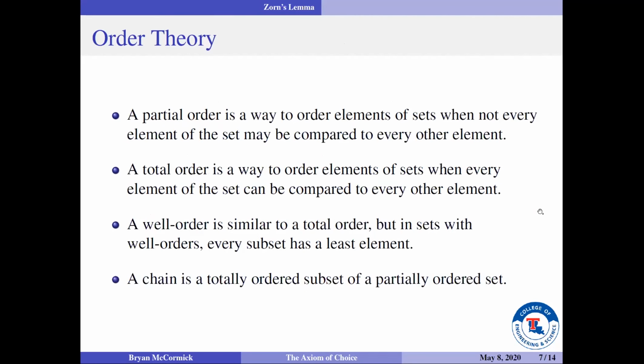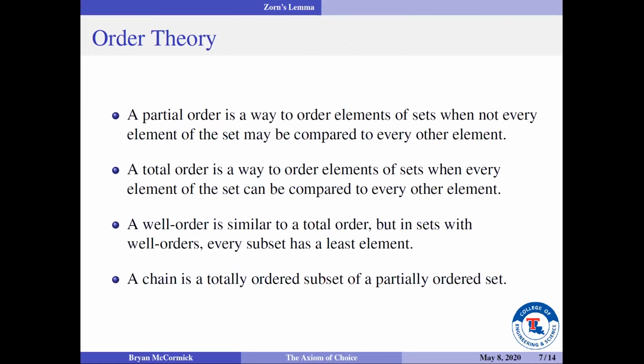I'm now going to shift over to Zorn's lemma. Before I discuss Zorn's lemma, it's important to define a few terms in order theory. A partial order is a way to order elements of sets when you can't necessarily compare each element of the set with every other element. An example that really helped me understand partial ordering is if you consider a family tree and the relation of a descendant.